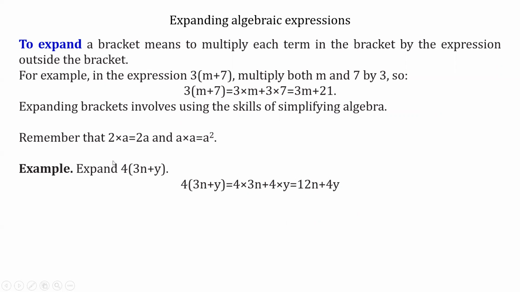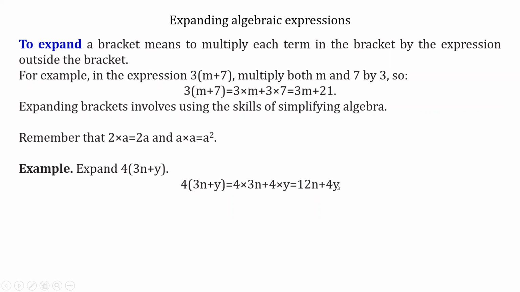So, for example, expand this expression. To expand this expression, we multiply the coefficient 4 by each term in this expression. So 4 times 3n is 12n plus 4 times i is 4i.